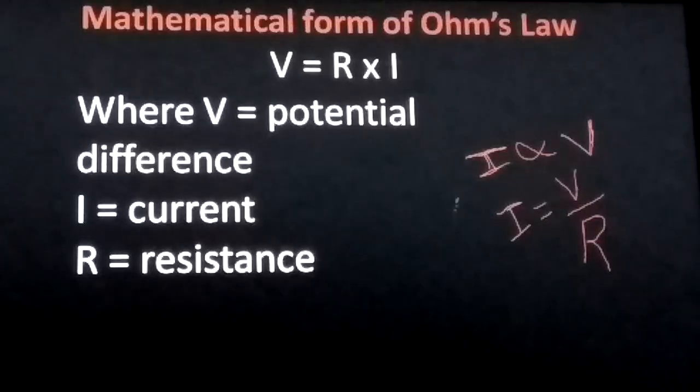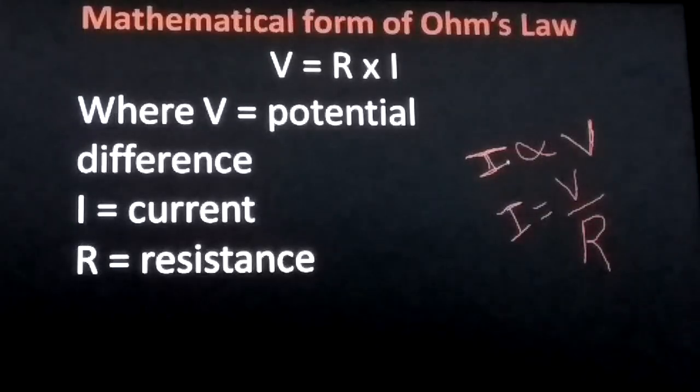If you observe this proportionality symbol, V represents the potential difference, or it is also called voltage. So at a constant temperature, the current flowing through a conductor is directly proportional to the voltage, or the potential difference across the conductor. That means if the voltage or the potential difference increases, then the current flowing through the conductor also increases.